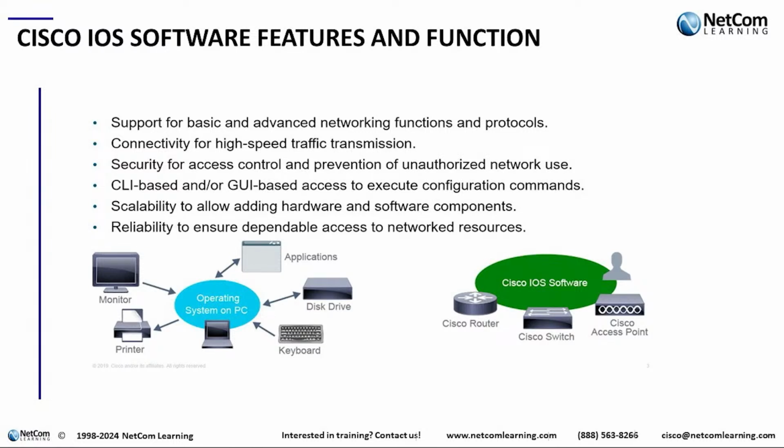Let's talk about it in a little bit more detail. The IOS, we said, is a proprietary operating system that runs on our Cisco devices. Cisco releases are organized into what we call families or trains, where each family shares the same code base, and trains are how new IOS releases are delivered.